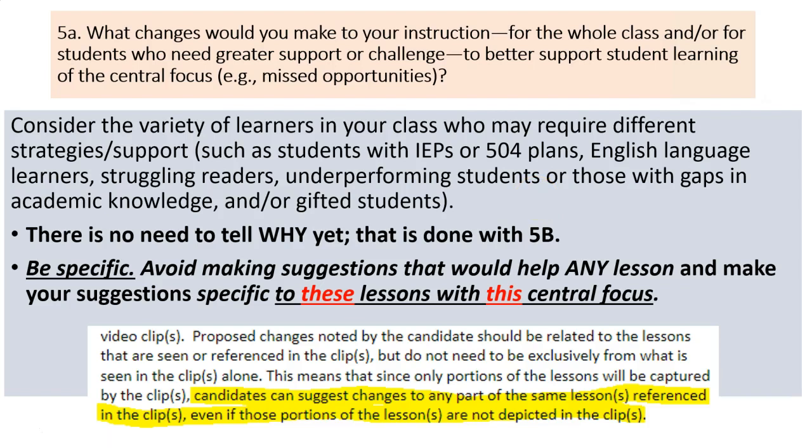So this is not just students with IEPs, 504s, not just your English language learners, but also all the other types of learners that you've identified in previous prompts: your struggling readers, your underperforming students, your gifted students, your advanced learners, those with gaps in academic knowledge, all the different types of learners.